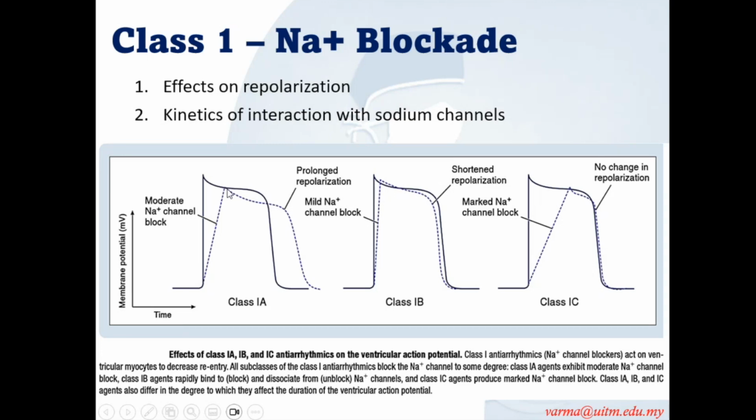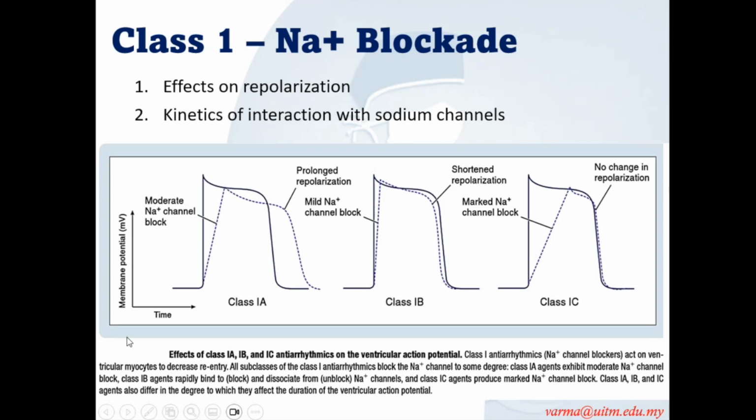In 1A the blockade is moderate and the effect is prolonged, whereas in 1B it is a mild blockade and it causes a shortened repolarization period. In 1C, it's a marked blockade, but there is no change in the repolarization. Prolonged repolarization, shortened repolarization, no change in repolarization.